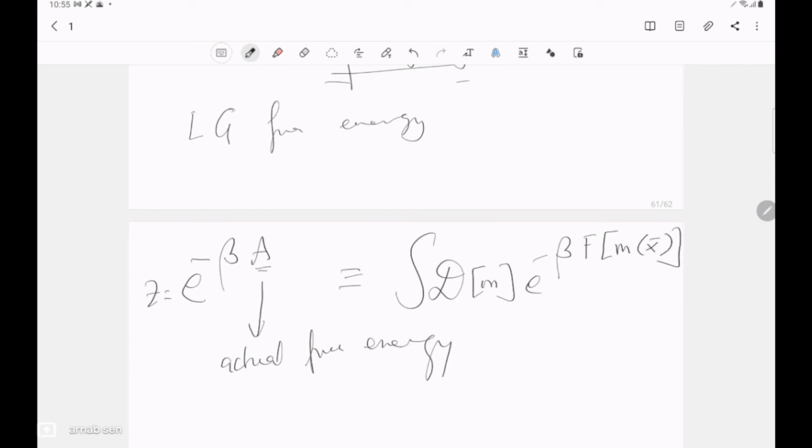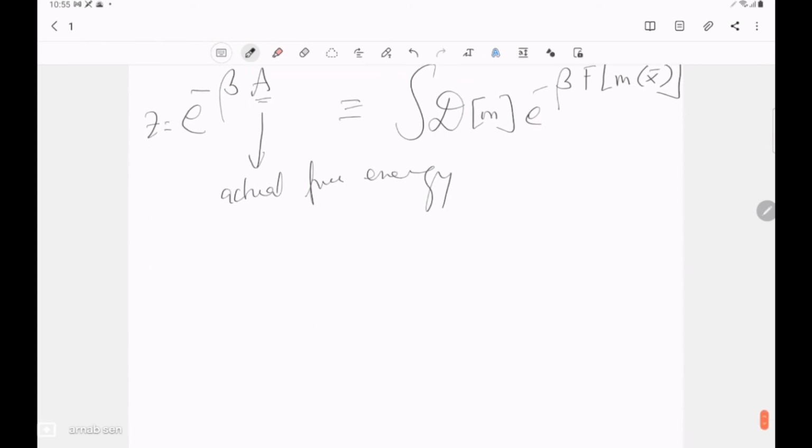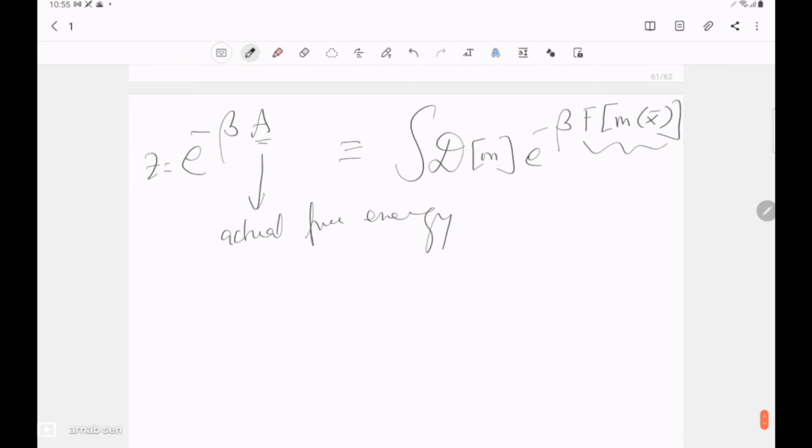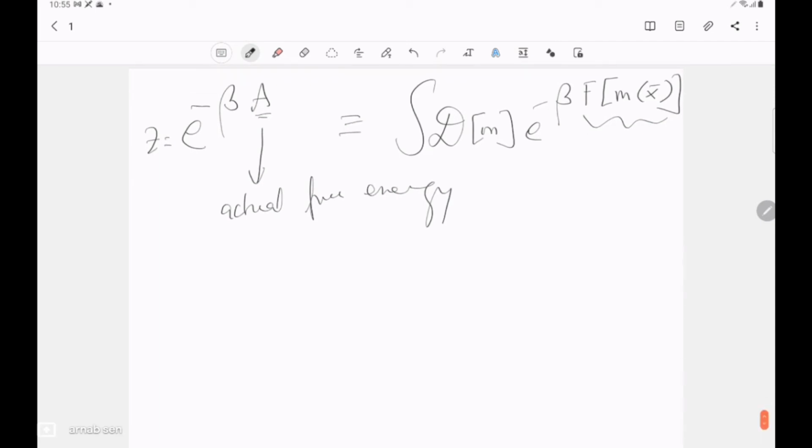It looks like this. You will understand these things better when you do renormalization group. But let me still tell you the bare bones of the meaning of this free energy. As I said, you would almost never do this actual calculation in any interacting model.